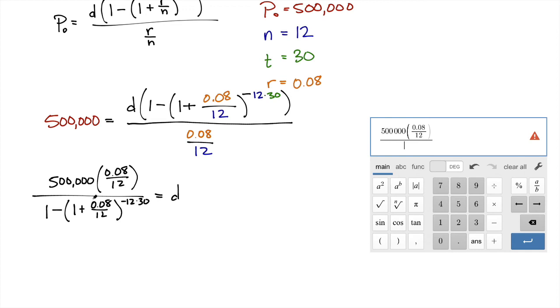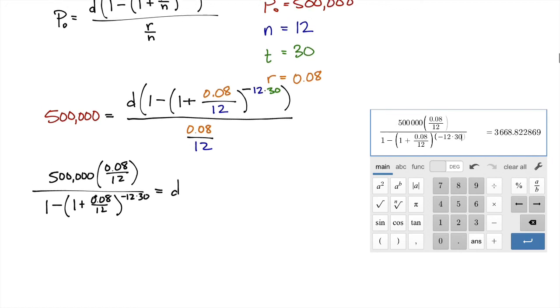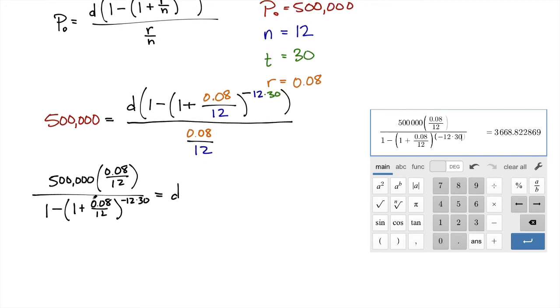And then down here we have 1 minus 1 plus 0.08 over 12, and then we raise that to the negative 12 times 30. So there's our answer. And of course we are rounding this to the nearest cent because we're talking about money here.